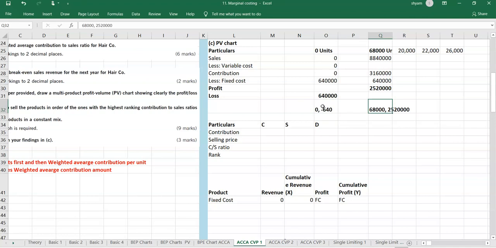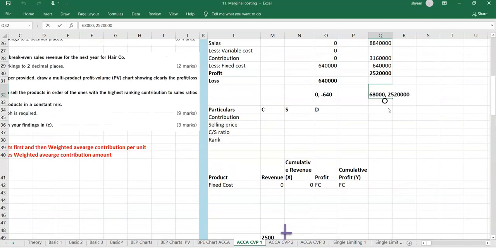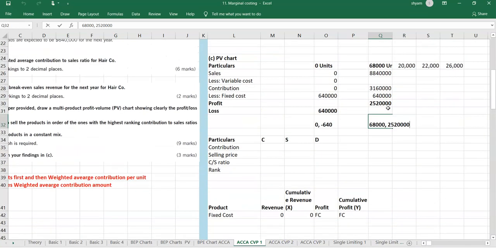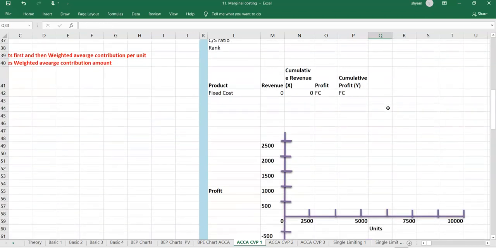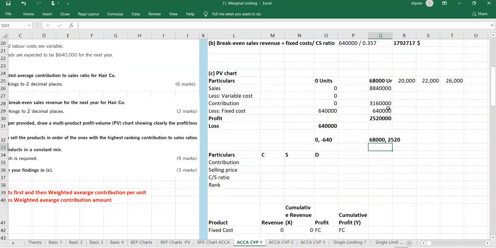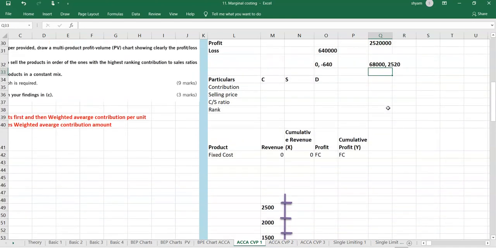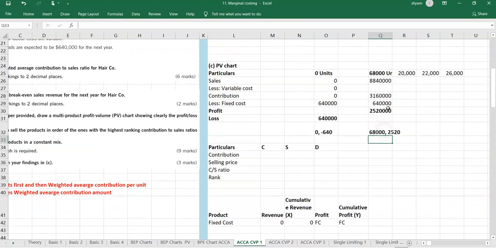We will remove 3 zeros because we don't need them, in terms of amount, and I think in units also we'll remove 3 zeros.